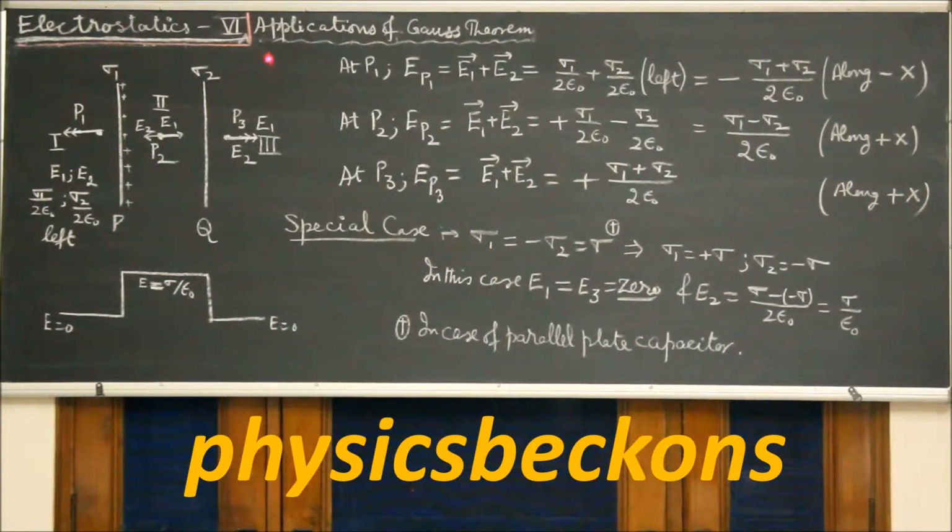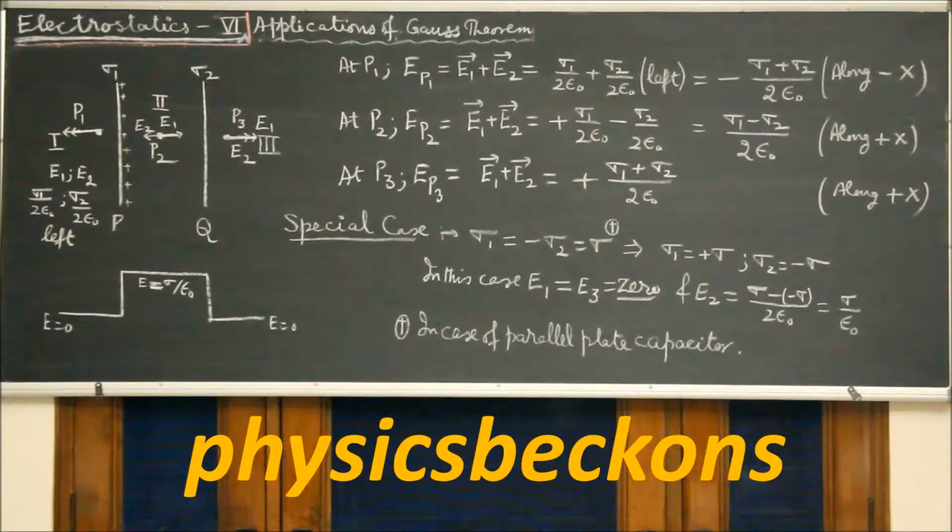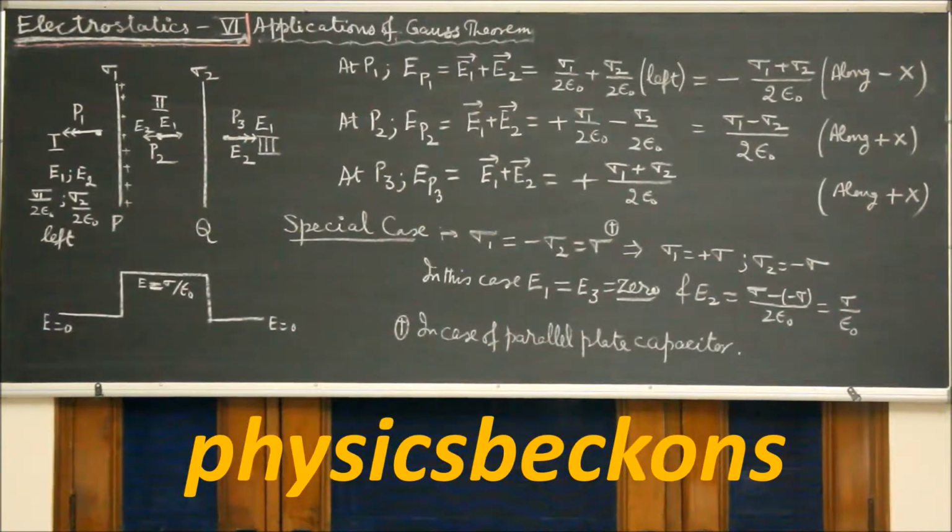That is, both plates have positive charge density and plate P has a larger charge density. In this special case, we want to find the field due to the two plates. The plates divide the entire space into three parts: part 1 left of the plates, part 2 between the plates, and part 3 to the right of the plates.